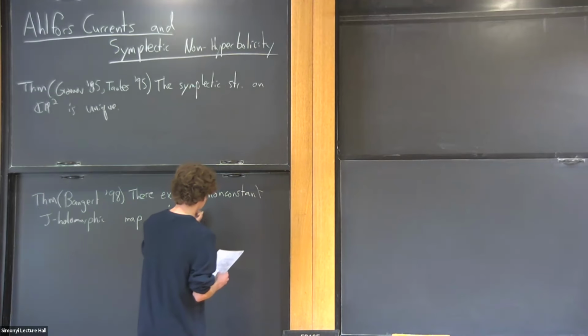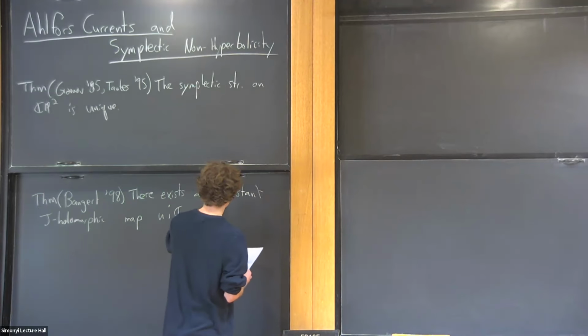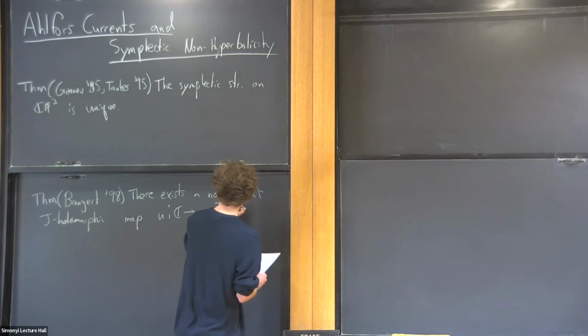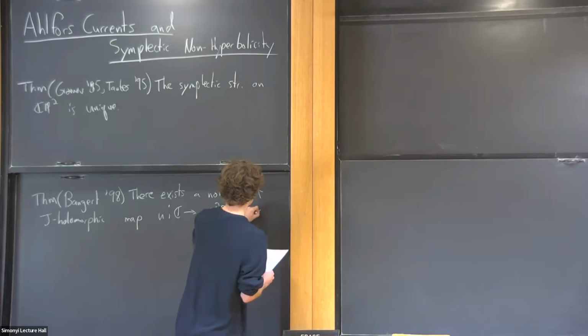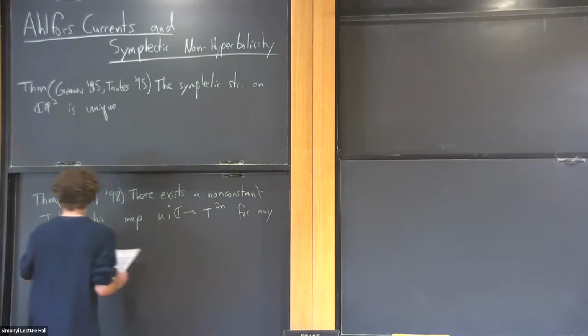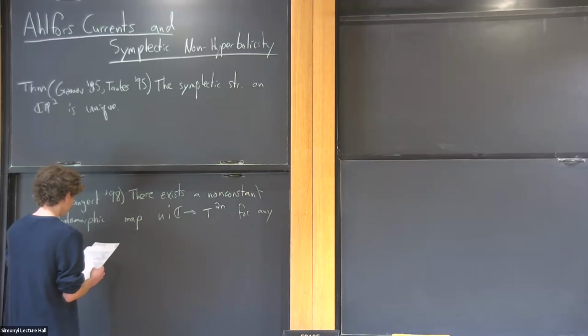There's a non-constant holomorphic map from C into any dimensional torus for any J tamed by the standard form.